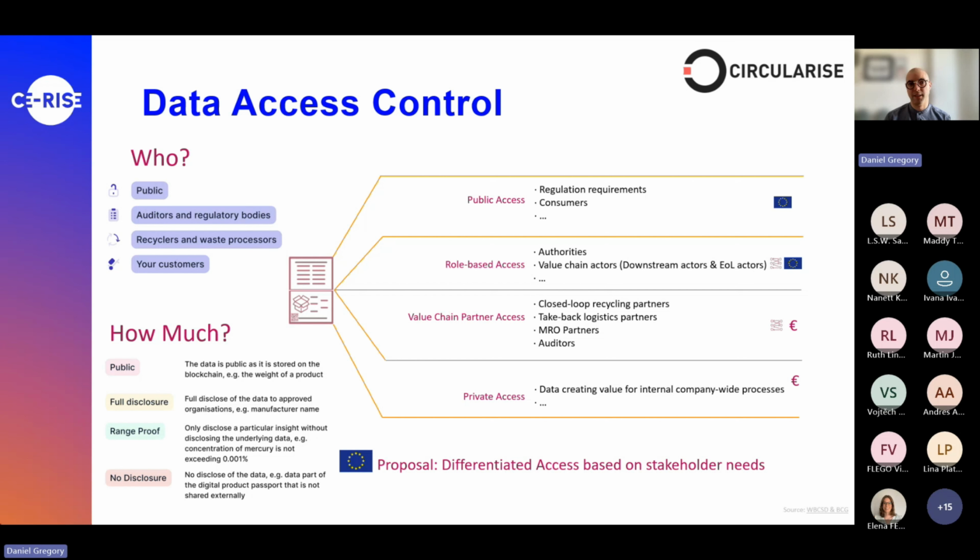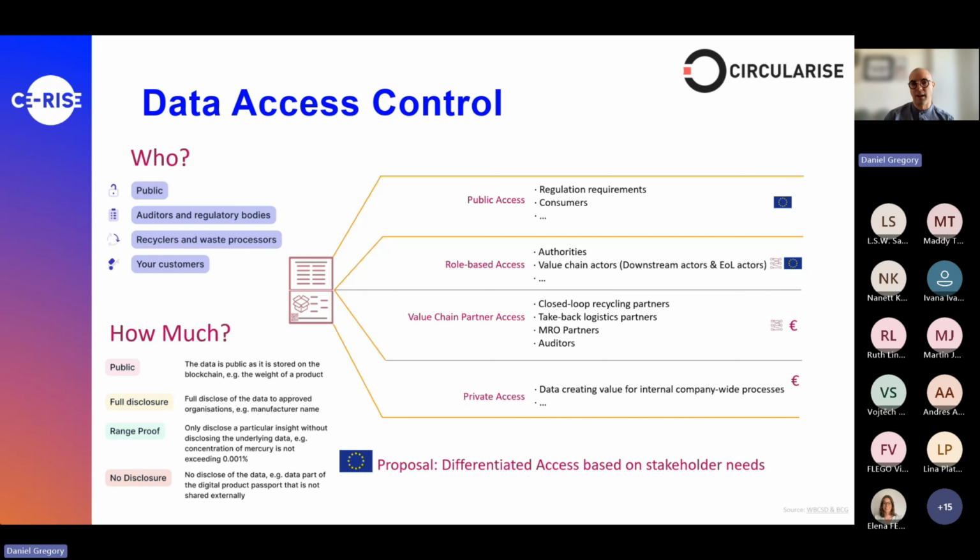Depending on who has access to the information or who's looking for the information, different levels of access are granted to being able to see it. Public access would be very limited information, really just proving that it's compliant with regulation, and maybe some performance or essentially marketing materials.